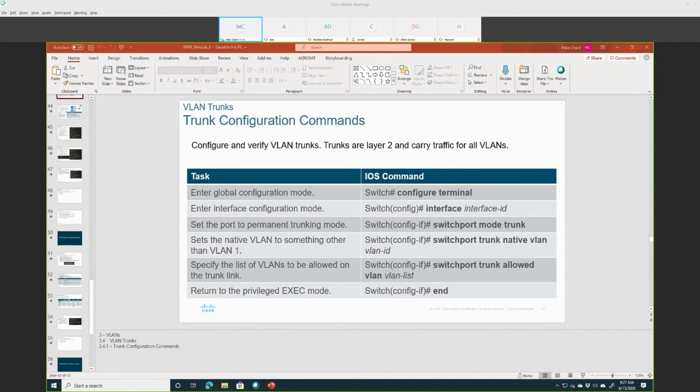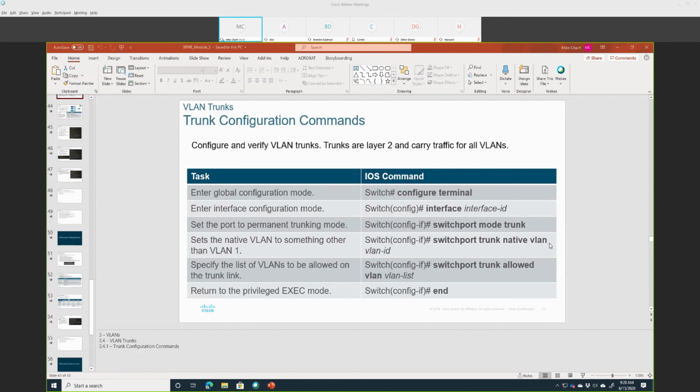For example, if I want to make the native VLAN 99, you need to make sure you do it on all the switches, because when you connect two switches, you connect them with a trunk port. The trunk port command is switchport trunk native vlan 99.